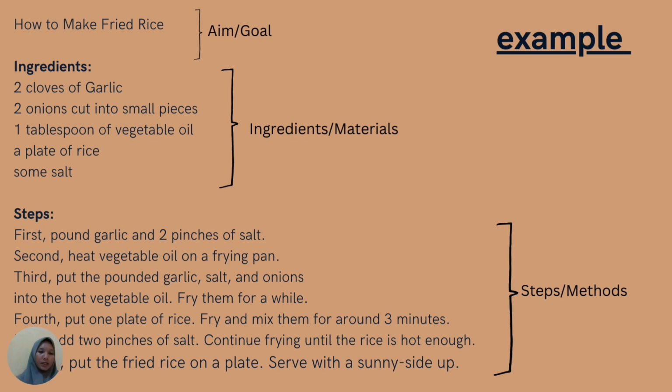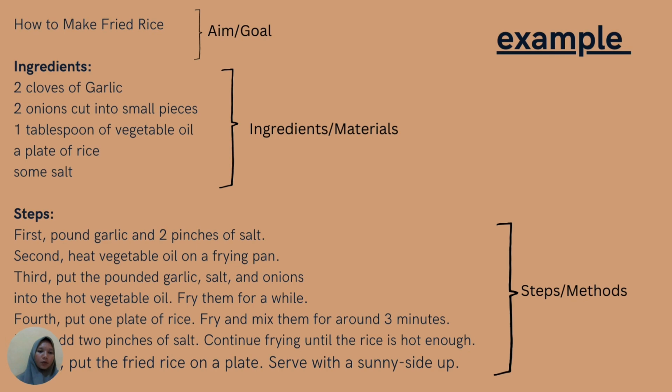For the steps: first, pound garlic and 2 pinches of salt. Second, heat vegetable oil on a frying pan. Third, put the pounded garlic, salt, and onions into the hot vegetable oil. Fry them for a while.